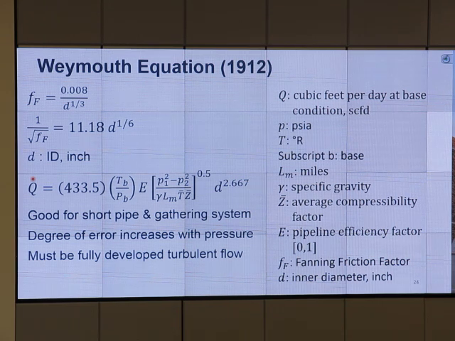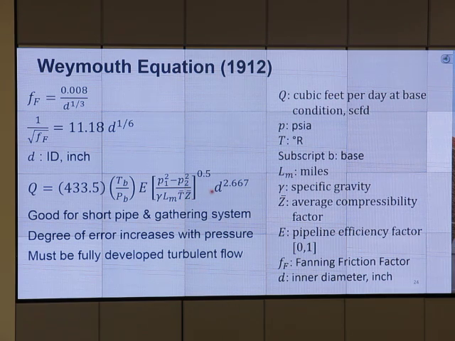If your standard condition is 14.73 psia, put that over here, and you use 60°F, convert that to Rankine, put it over here. So that's Q. P is psia. We use psia because this is derived from the equation of state, and in the equation of state we use psia. T is Rankine, not Fahrenheit.